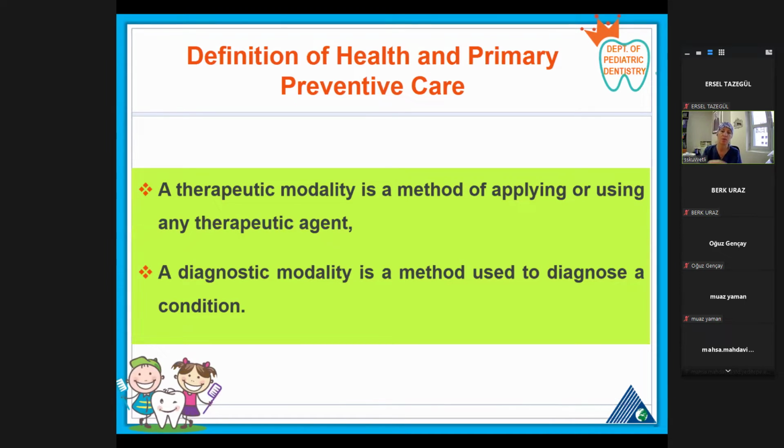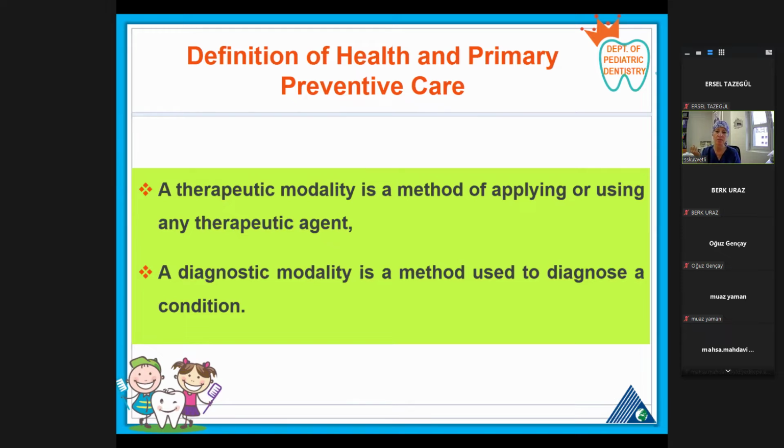For example, we can use fluoride. We can apply fluoride to our patients in order to prevent dental caries, and or they can have some sensitivity in their teeth, and then we can again use fluoride to decrease the sensitivity. Then we use a therapeutic agent for that.